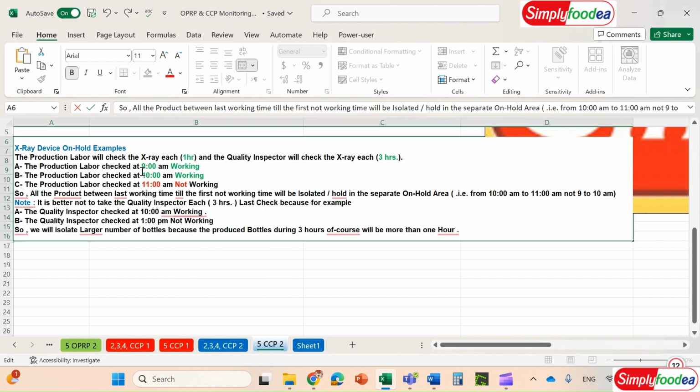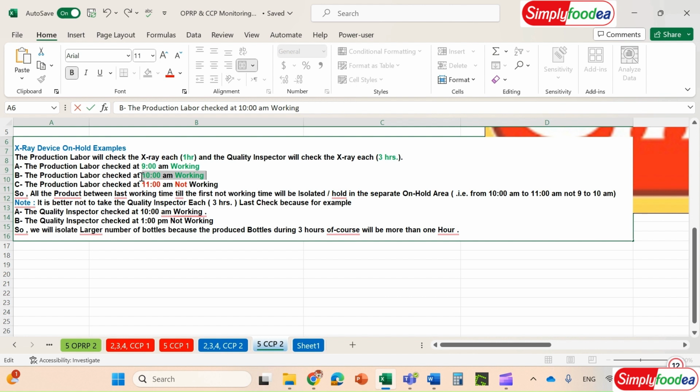So we are going to put on hold all the product from what? From the last time the metal detector, sorry, the X-ray was working. To be honest with you, this also applies to the metal detector. So I'm saying by fault, it's the same case for the metal detector and the X-ray.